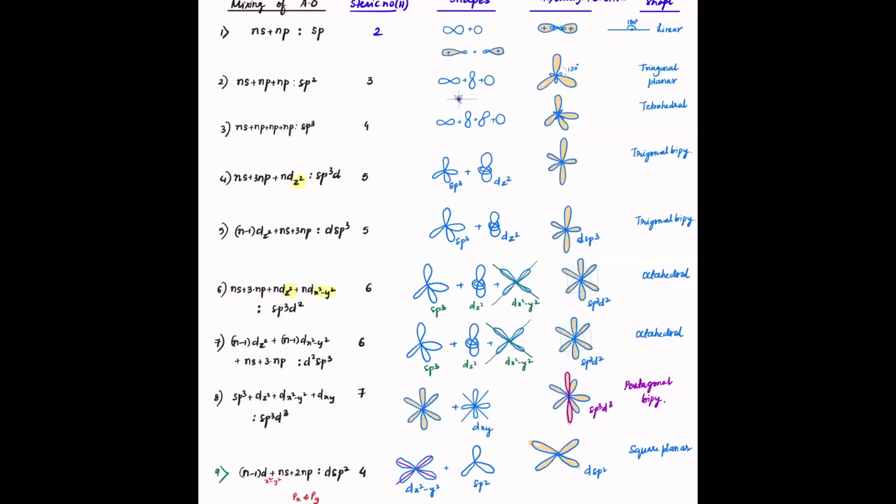That's it. But the shape, everything will look the same. Clear? Wait, 3d will have a bigger size, right? Smaller size, beta. Sorry. Higher orbitals will always have bigger size.